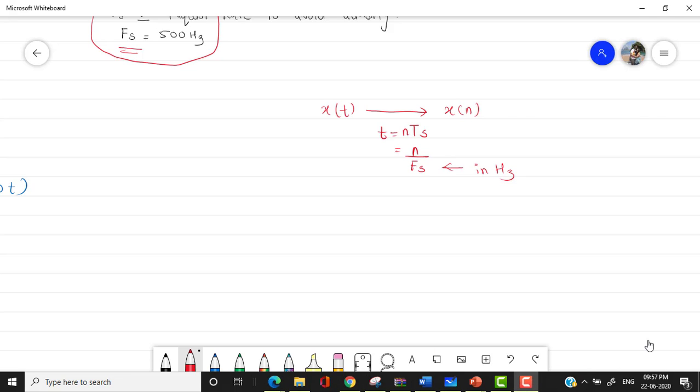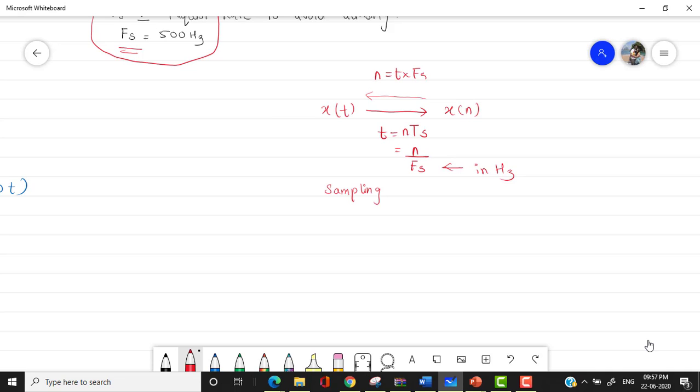This is sampling. And if I want to reconstruct my signal back, that is from x[n] get back my continuous time signal, then my substitution is n is equal to t into Fs, right?